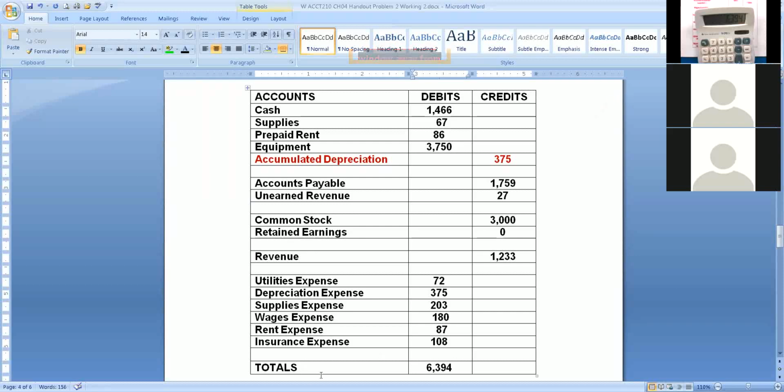Okay, so that's the debit side. Let's hope the credit side is as cooperative as the debit side.